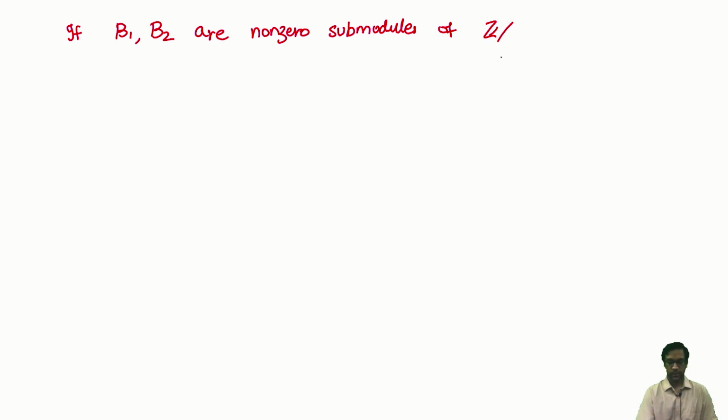So if B1 and B2 are any two non-zero submodules of Z mod p^n, then the observation is that either B1 is inside B2 or B2 is inside B1.